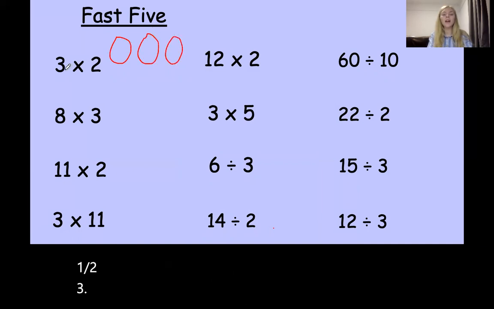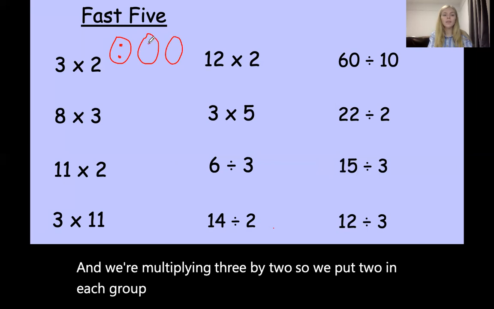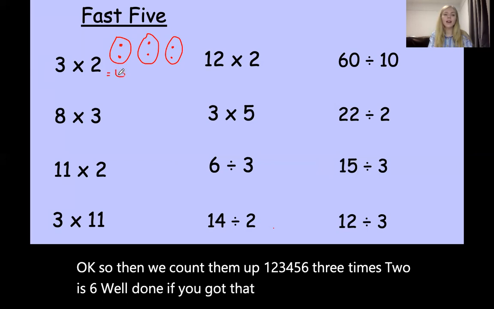And we are multiplying 3 by 2, so we put 2 in each group like this. Okay, so then we count them up. 1, 2, 3, 4, 5, 6. So 3 times 2 is 6. Well done if you got that right.